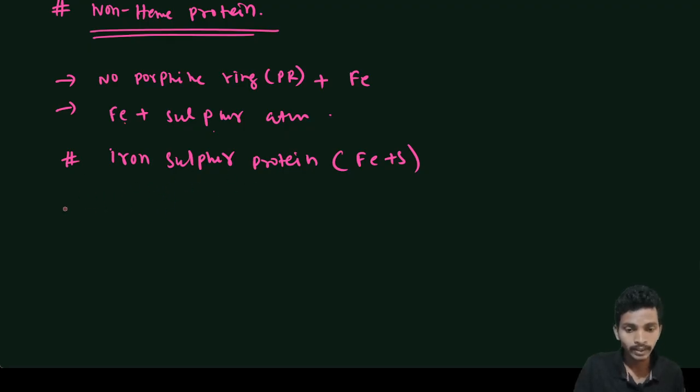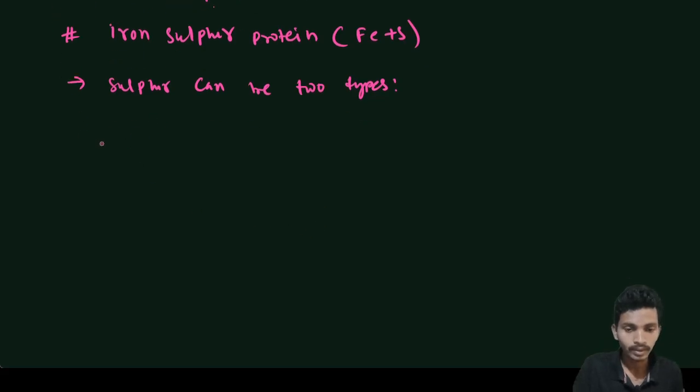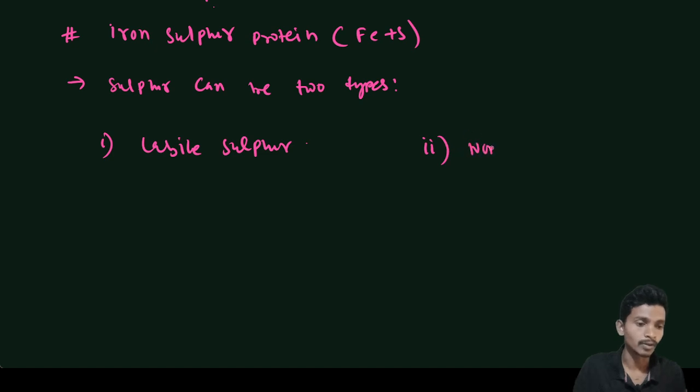Here the sulfur can be of two types. One is the labile sulfur, another is the non-labile sulfur. Labile sulfur is inorganic sulfur, and non-labile sulfur is organic sulfur.